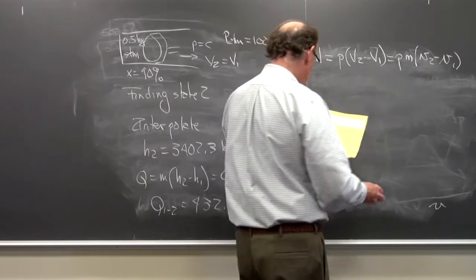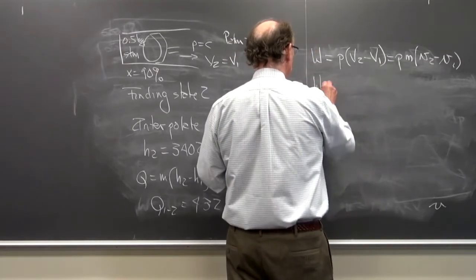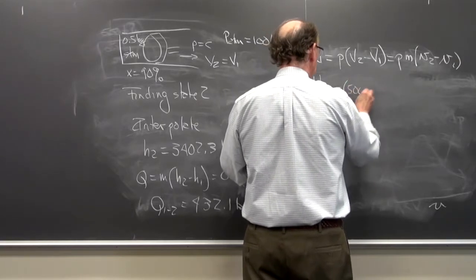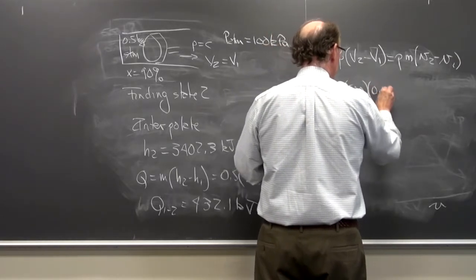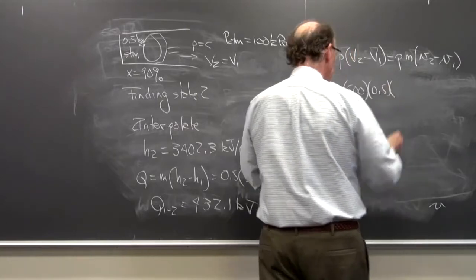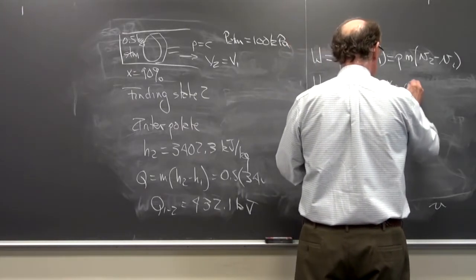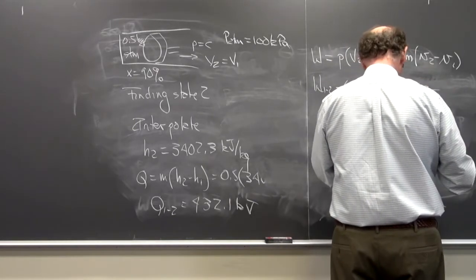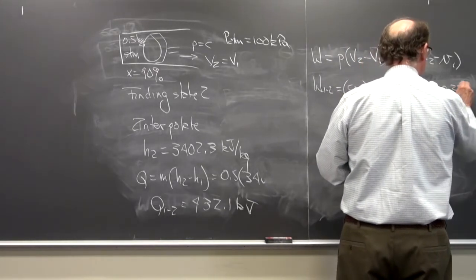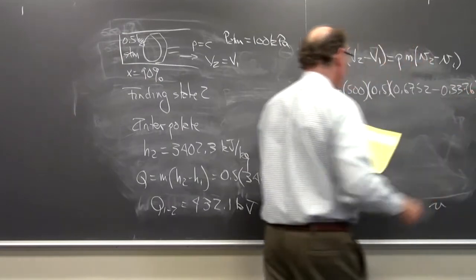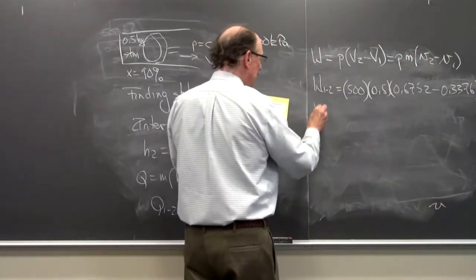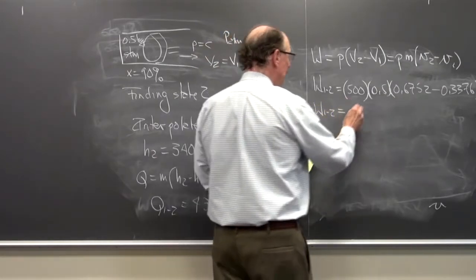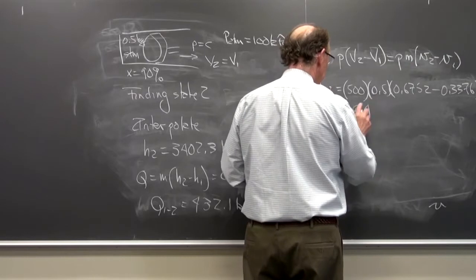So let's substitute in, and we find that the work from 1 to 2 is equal to 500 kPa times 0.5 kilograms times V2, 0.6752, minus V1, 0.3376, and when we multiply this out, we get the work from 1 to 2 is equal to 84.4 kilojoules.